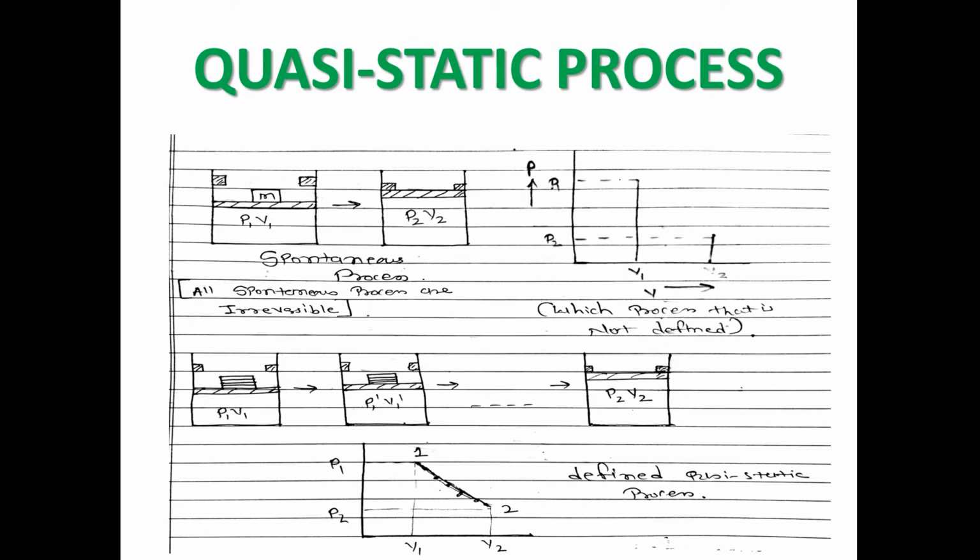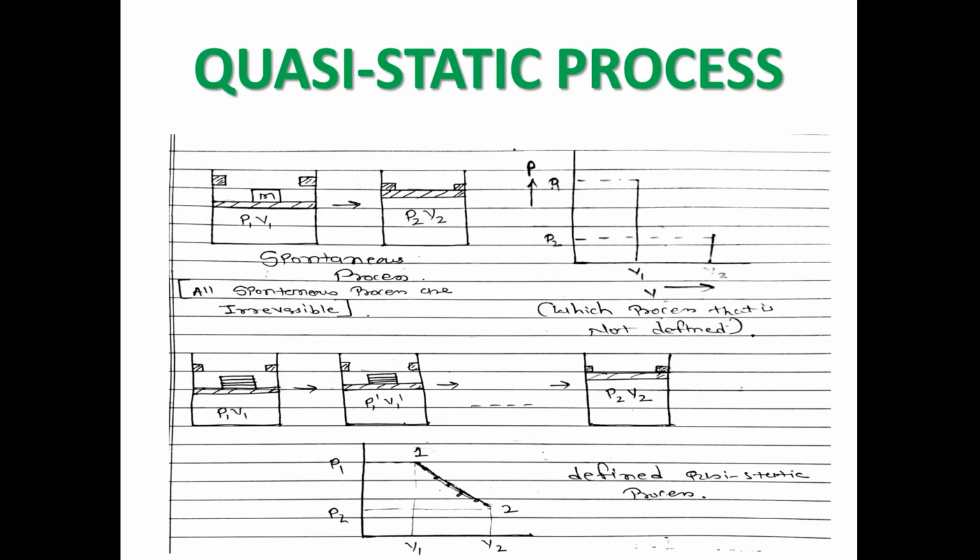Let us understand this by considering first a spontaneous process, how a spontaneous process occurs and how a quasi-static process occurs. Let us consider one container, something like a piston and cylinder.